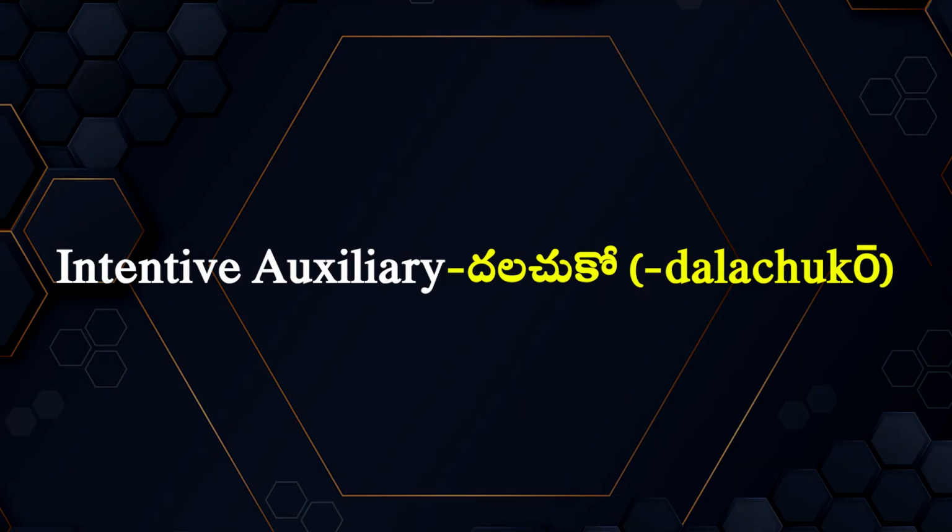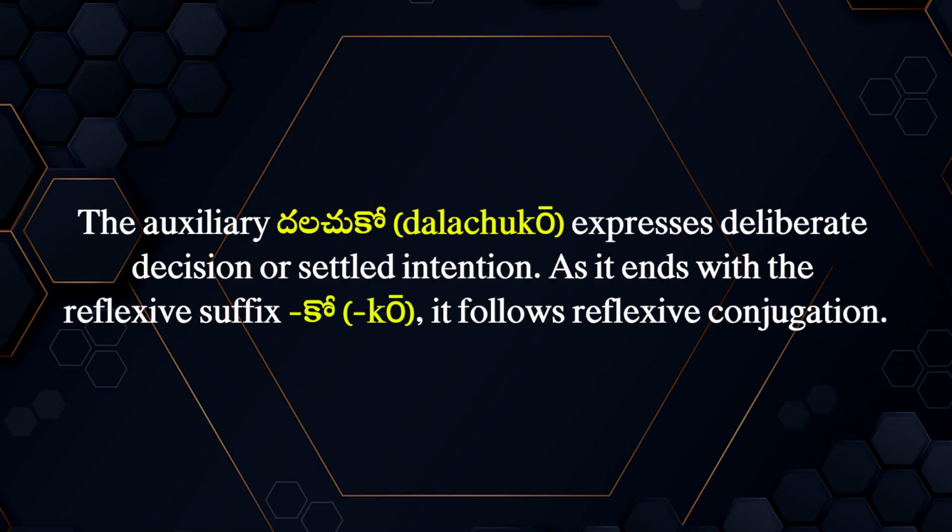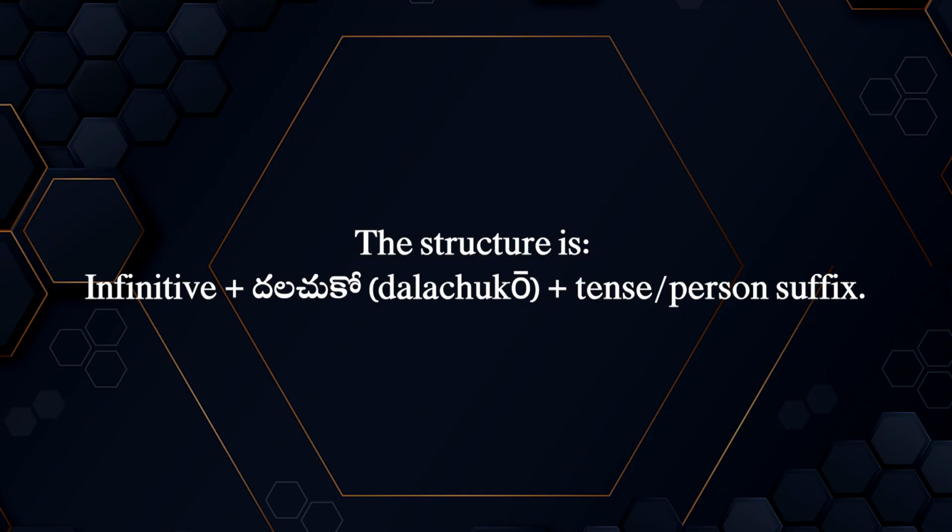Next one, intentive auxiliary, dalachuko. The auxiliary dalachuko expresses deliberate decision or settled intention. As it ends with the reflexive suffix ko, it follows reflexive conjugation. The structure is infinitive plus dalachuko plus tense or person suffix.